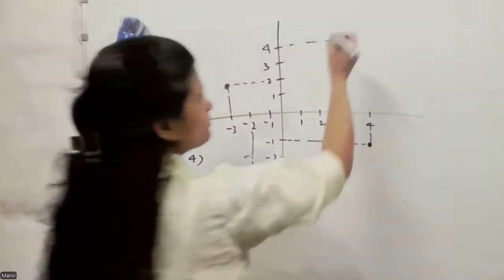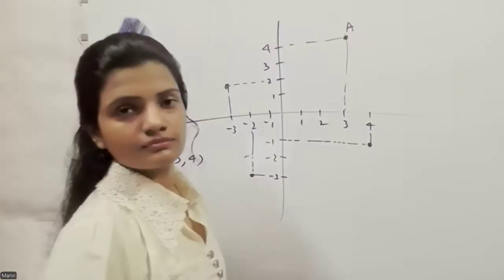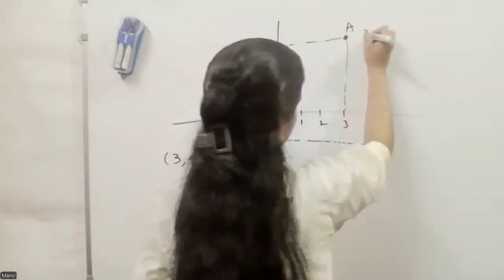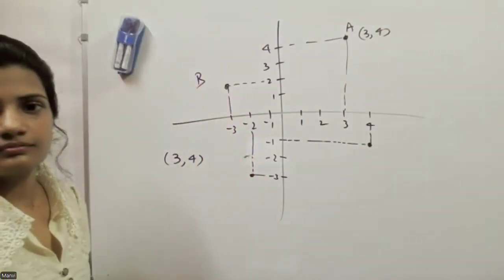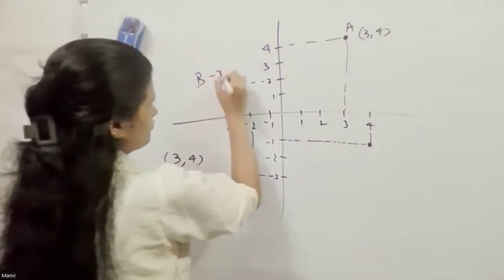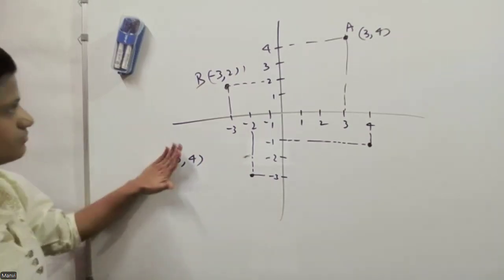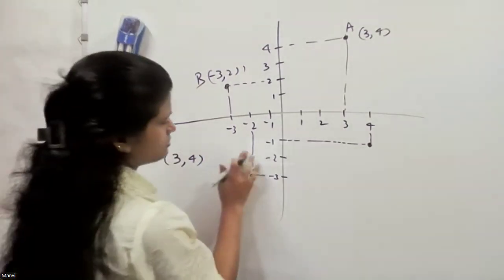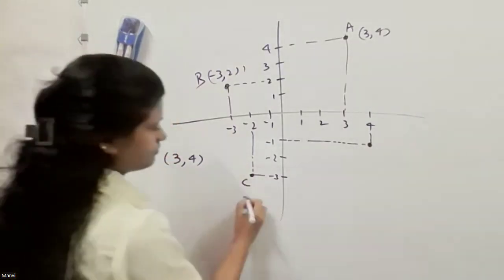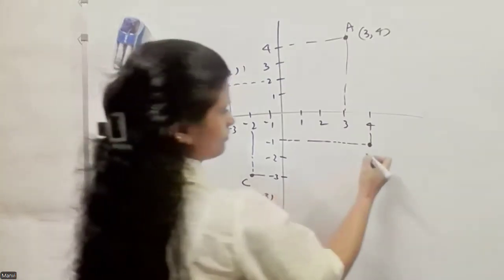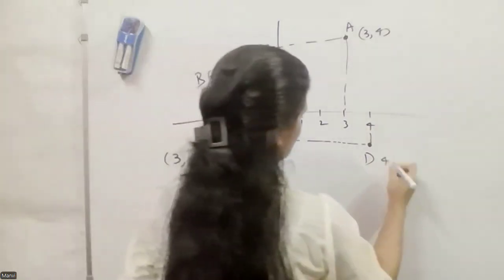What is the value of this point? Point A. It is 3, 4. Good. Point B. Would that be -3, 2? Very good. Will that be C, -2, -3? This is point C, sorry, -3, -3. And then the last one is 4, -1. Very good.